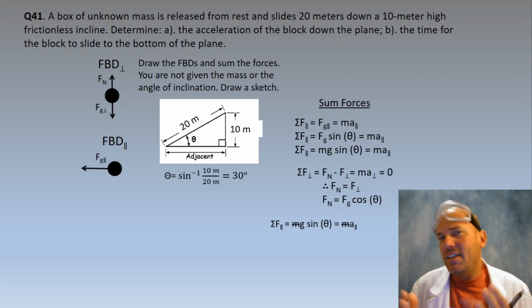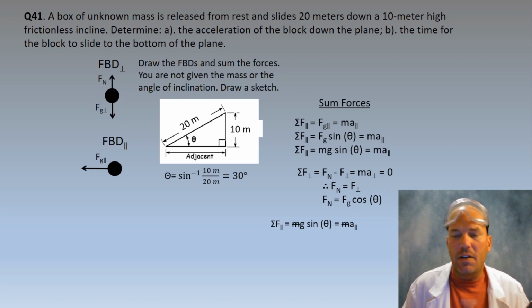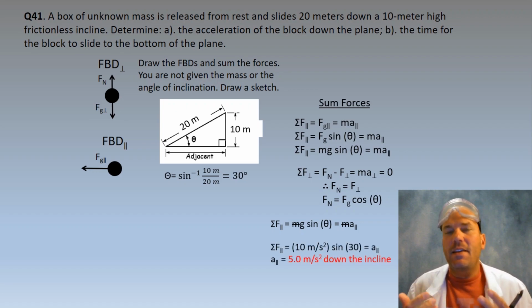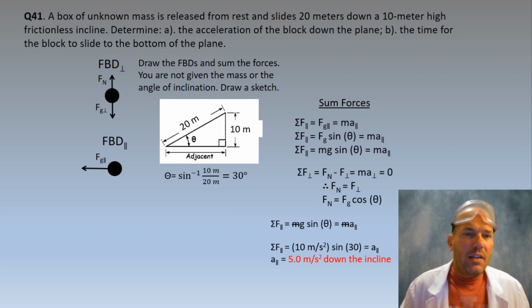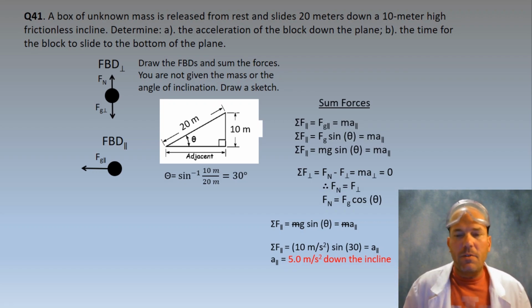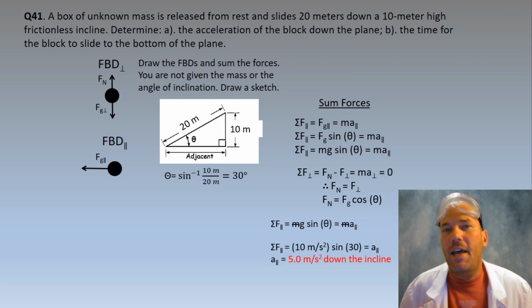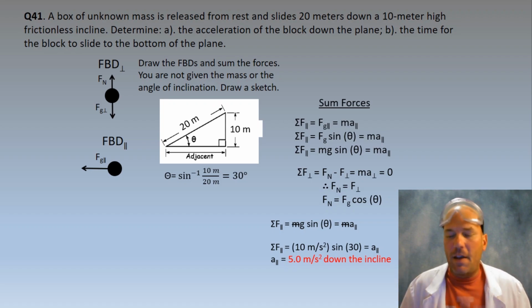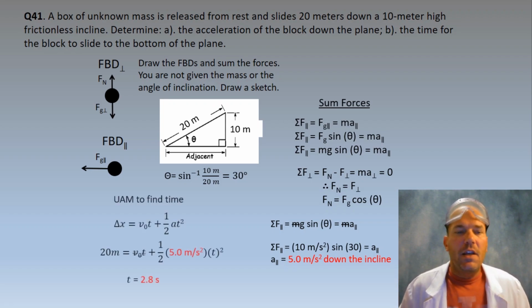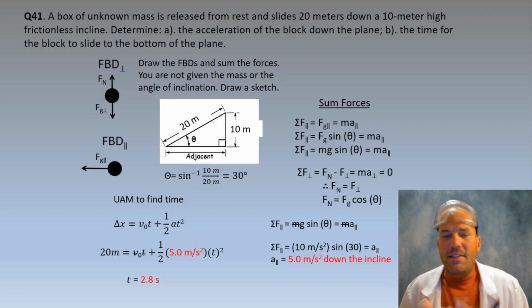So mass cancels out in this instance here, and we can find the acceleration parallel and down the incline by simply looking at the acceleration due to gravity and multiplying that by sine 30 or 0.5 to find our acceleration.